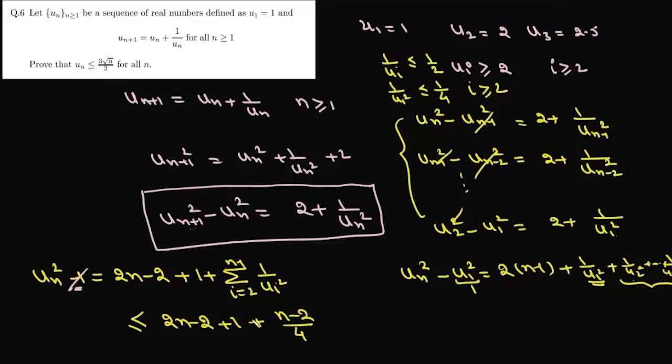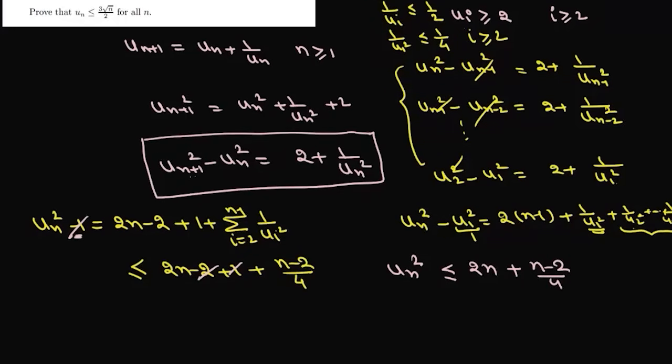So this 1, 1 and 2 will cancel. So we can write un square will be less than or equal to, now this is (2n plus n minus 2) by 4, or we can write un square is less than, now this is (9n minus 2) by 4.